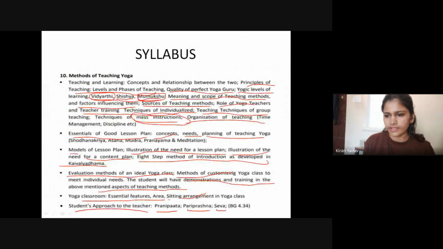These words are taken from Srimad Bhagavad Gita, verse 4.34. Pranipat means bowing down to the teacher, respecting the teacher, Pariprashna means asking questions, and Seva is the service for the teacher.